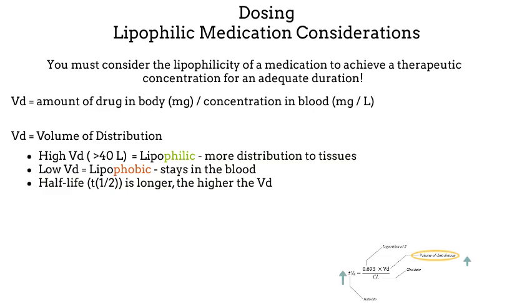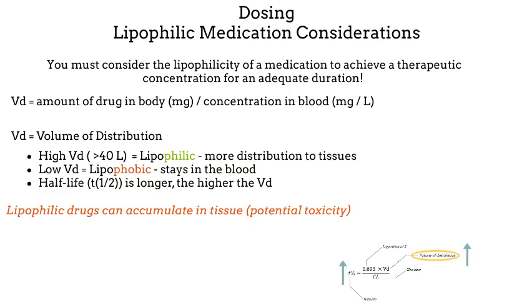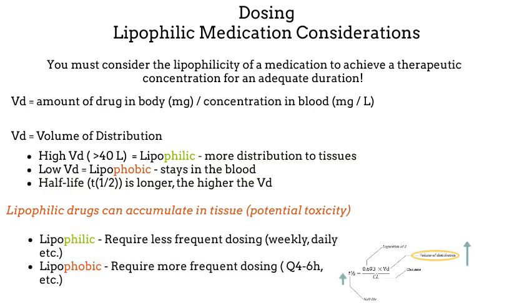This is important because lipophilic medications can accumulate in your tissues, specifically some of your organs. For dosing, lipophilic medications require less frequent dosing, sometimes daily, weekly, or even longer, whereas lipophobic medications are going to require more frequent dosing, like every 4 hours or every 6 hours.